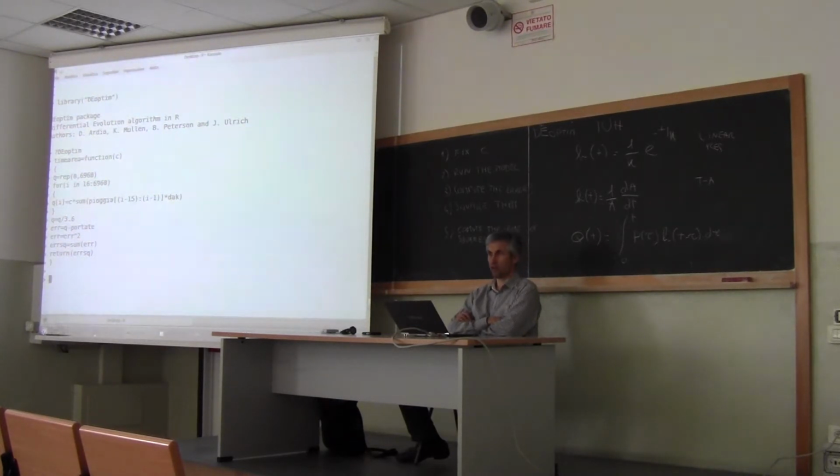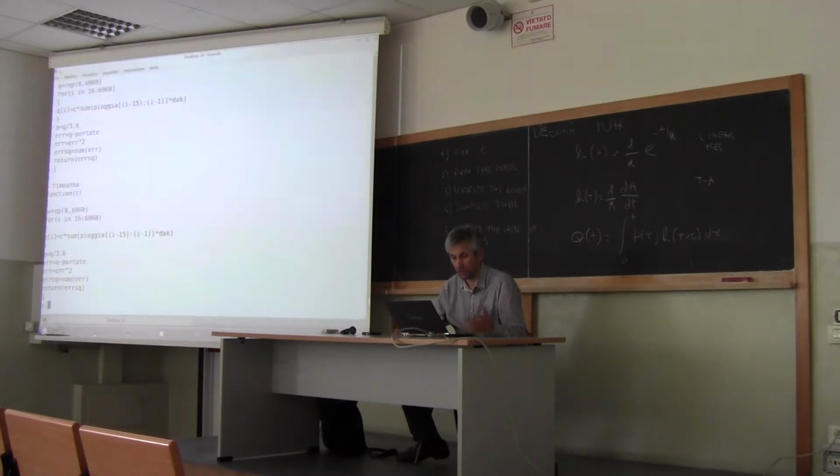So you learned now how to write functions in R. How to check that the function is loaded? If you try to write time area, and you just press return, you get the function again. But what is interesting is to check if the function works. So let me write time area.